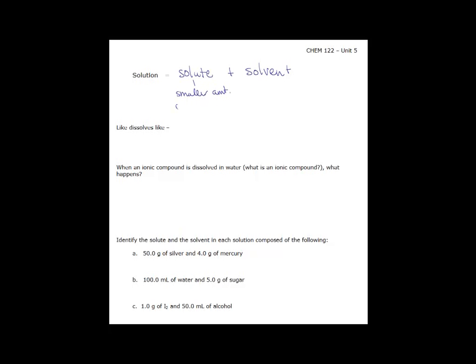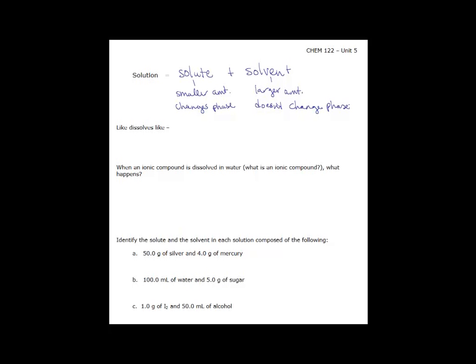Most often it changes phase, whereas the solvent is the larger amount, doesn't change phase. So you're probably thinking solution, solute, solvent, all these terms, they don't really make sense to me. I can't apply this.